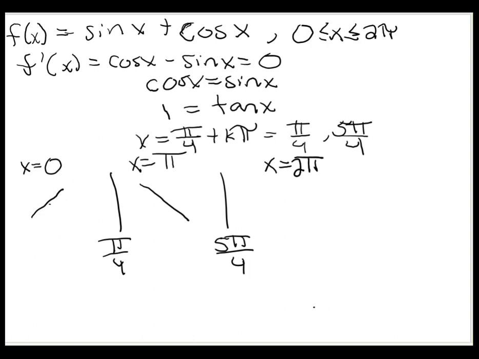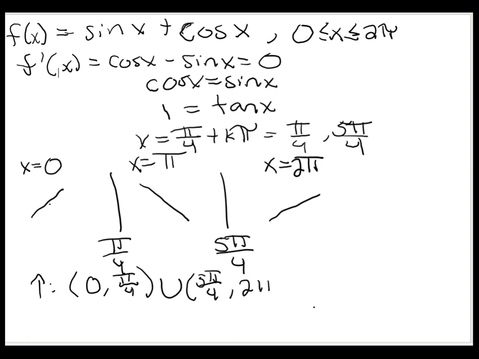And then 2 pi is going to be the same as 0. So you get positive there. Giving increasing on 0 to pi over 4, union 5 pi over 4 to 2 pi, and decreasing on pi over 4 to 5 pi over 4.